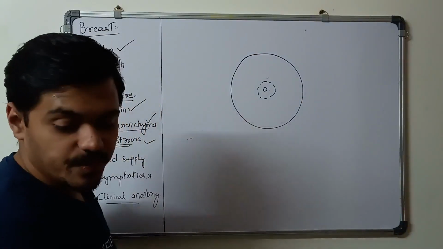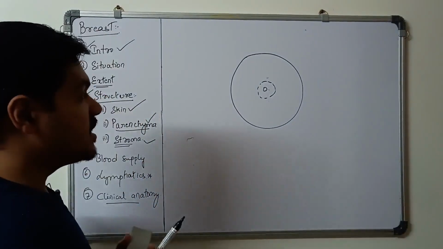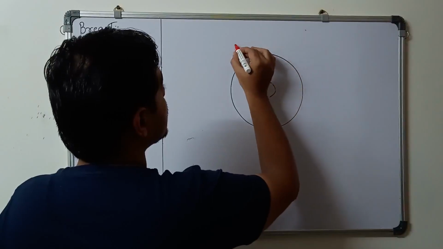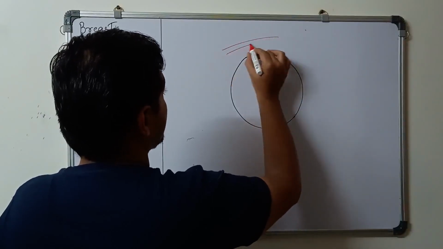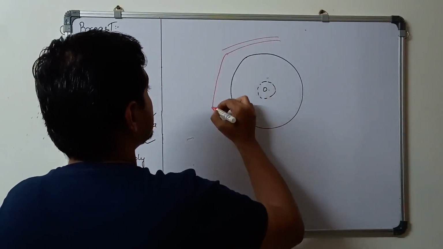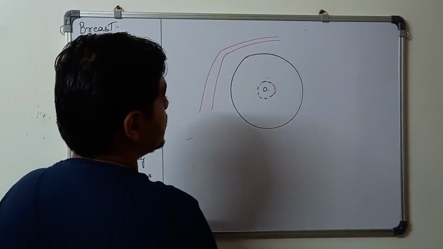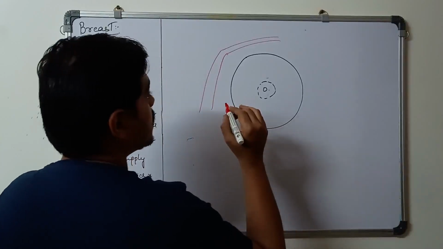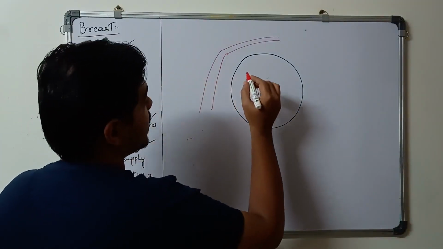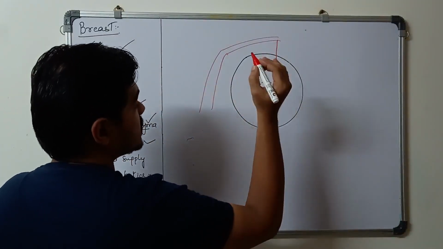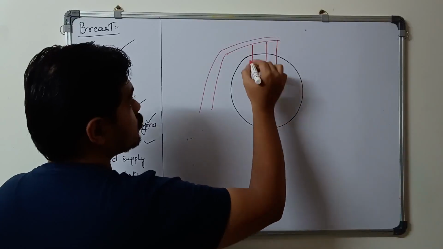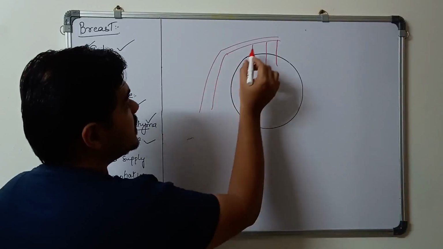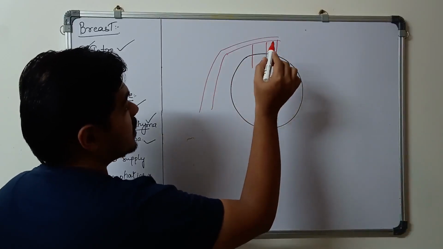If this is the breast tissue, the arteries supplying it come mainly from the subclavian artery, then the axillary artery, and the posterior intercostal arteries. The major branches supplying this are the lateral thoracic, the internal mammary, and the thoracoacromial arteries. And these are branches of the axillary artery.